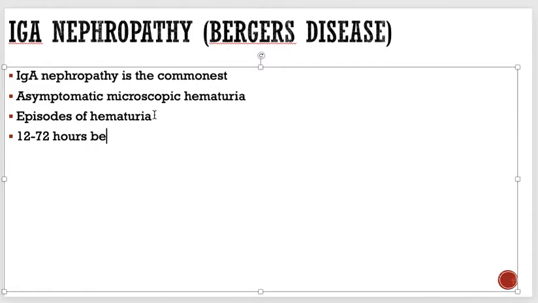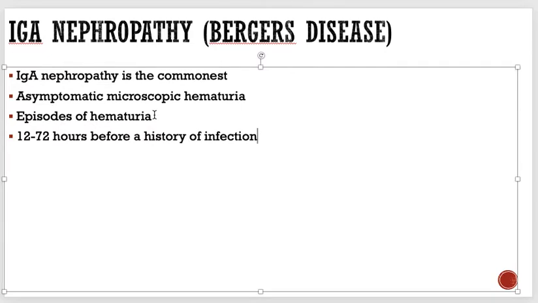So this condition occurs 12 to 72 hours after an upper respiratory tract infection. Remember one more condition which gives hematuria after infection, that is post-streptococcal glomerulonephritis, but that one occurs after a long time, not within 72 hours.